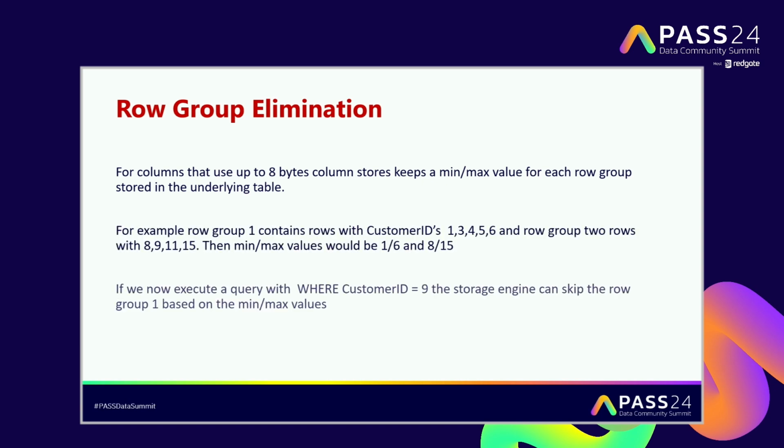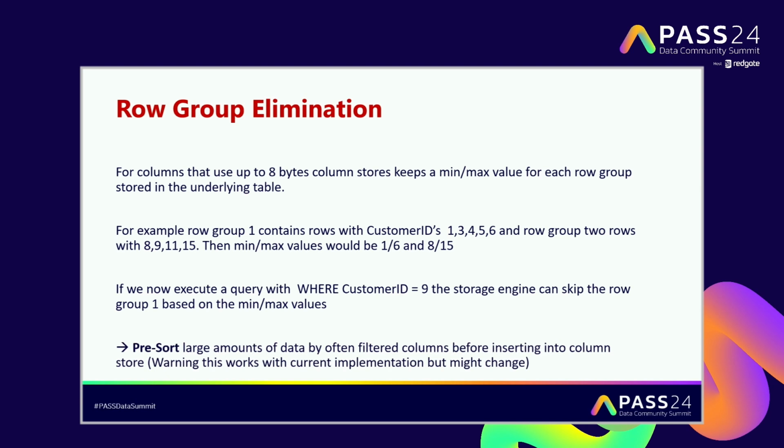So if you pre-sort that, that changes a little bit of our diagram of how the data gets inserted. I didn't want to make it too complex before. We are not actually waiting for 0.04 million rows. We're waiting for about 100 times that. And then we sort within that and insert it correctly. So we get a lot of row group elimination there.